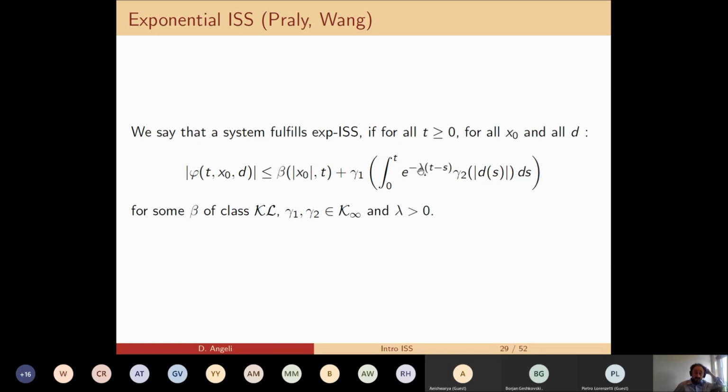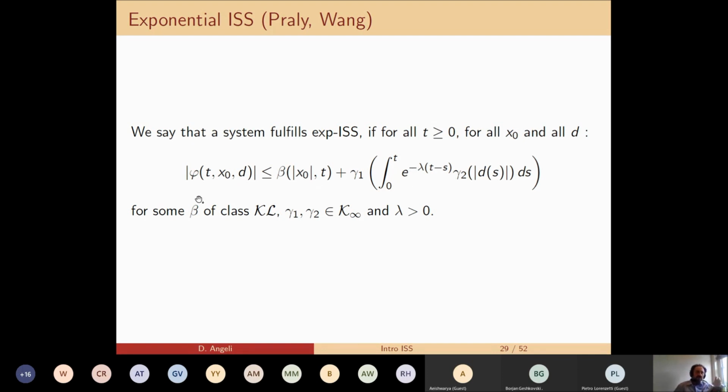Convolved here with a negative exponential, which again gives this linear-like type of decaying memory, let's say, in the input contribution. So this is integrated, and eventually it is also rescaled by some other gain, again, because we want to make these concepts invariant with respect to nonlinear changes of coordinates. So this is an interesting definition.